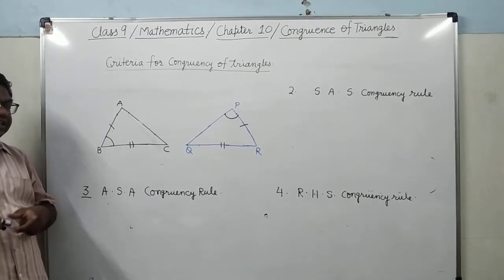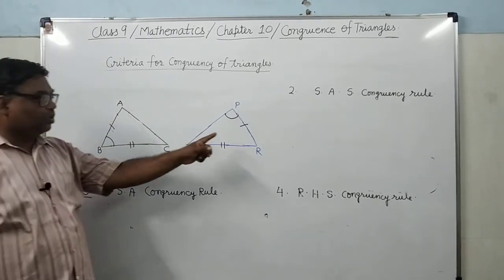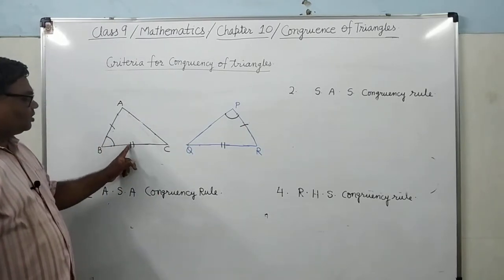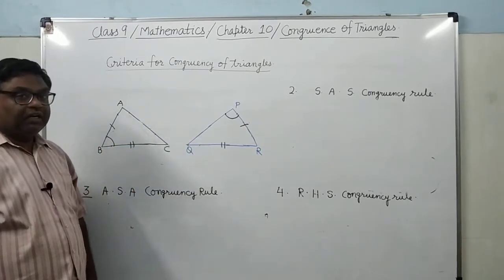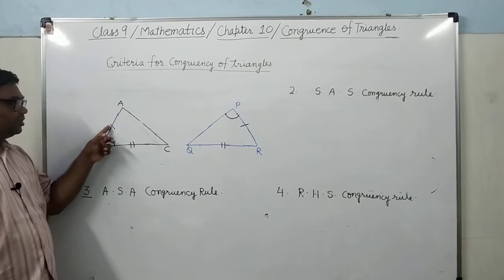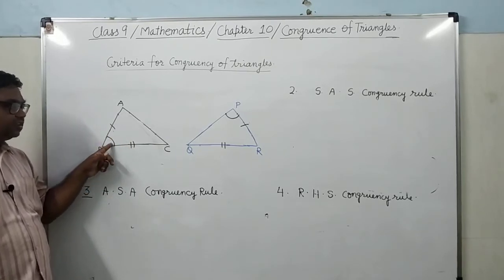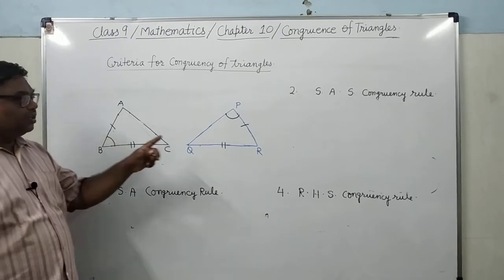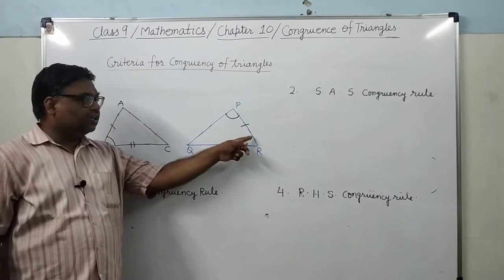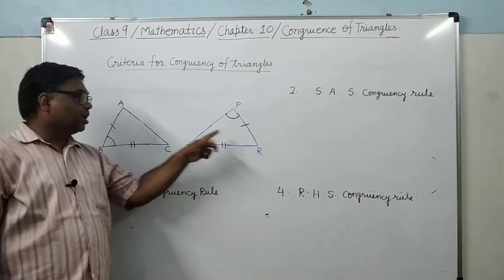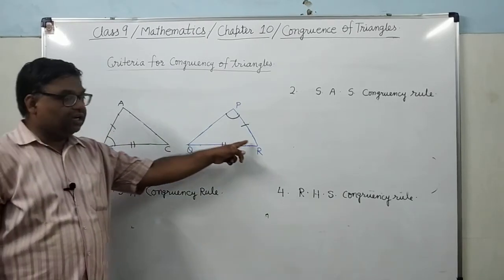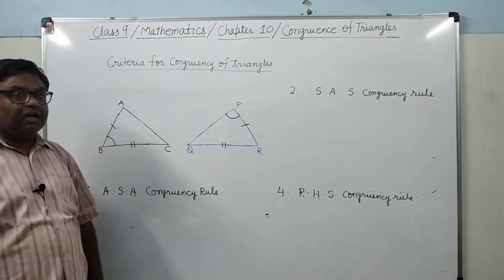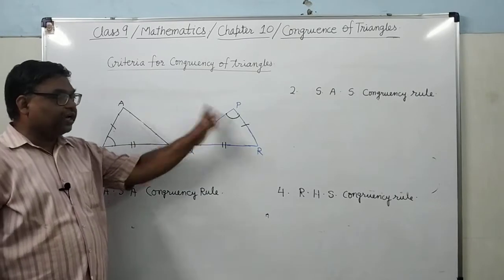This side is equal to this side. Here which angle is included by these two sides? This. And which angle is included by the equal sides here? It is the angle R. They are not equal. Angle B is not equal to the angle R. Angle B is equal to the angle P.